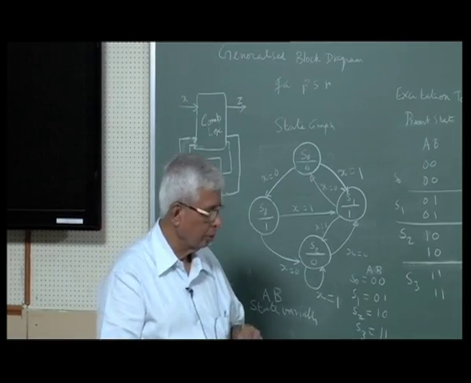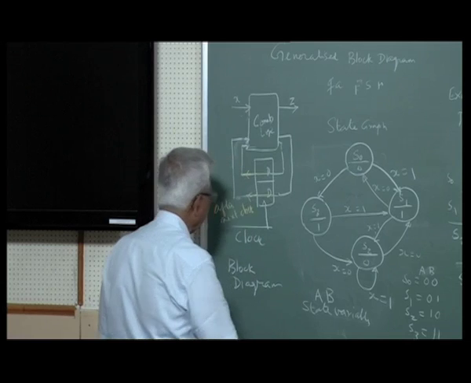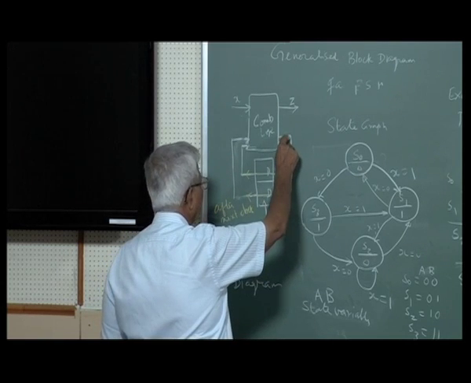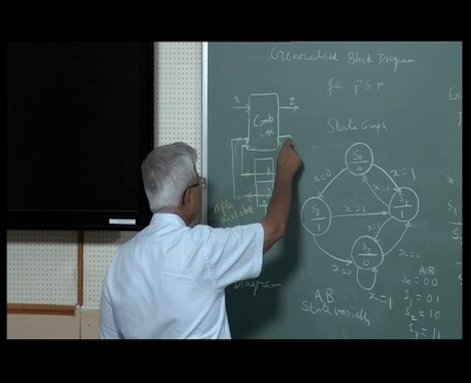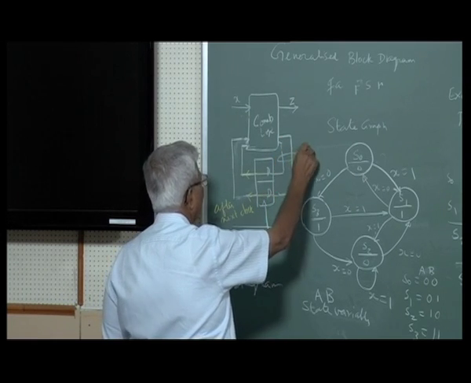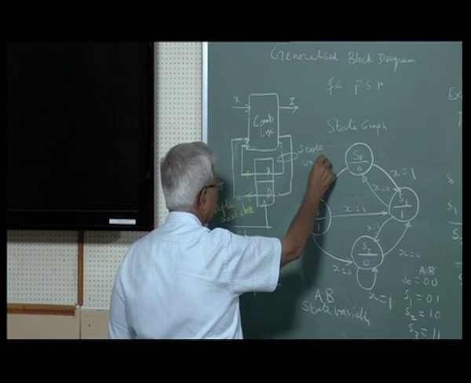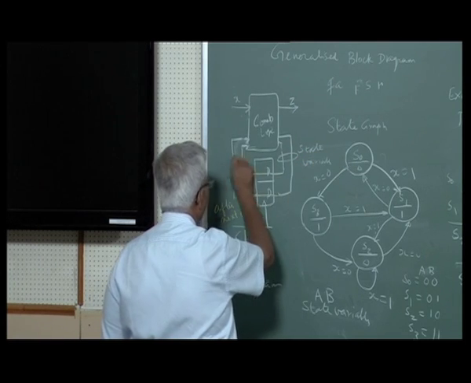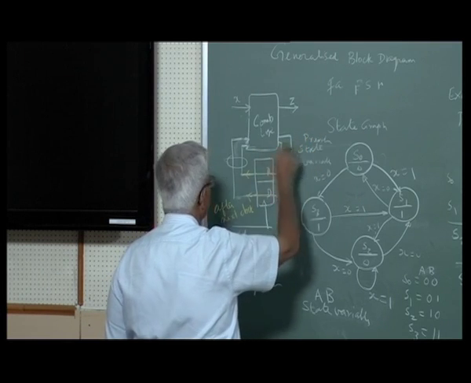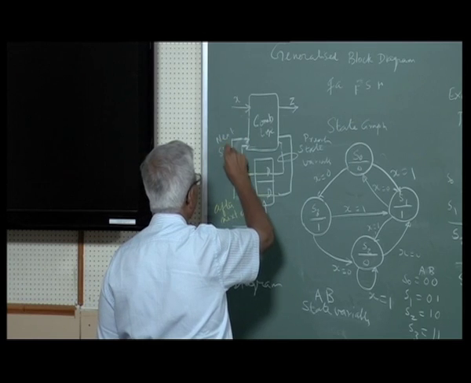Now, I need to find out what is inside this, because we already know there are T flip-flops whose output is the present state variables and next state variables. That is all I need.